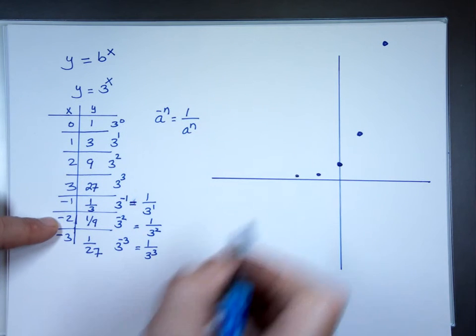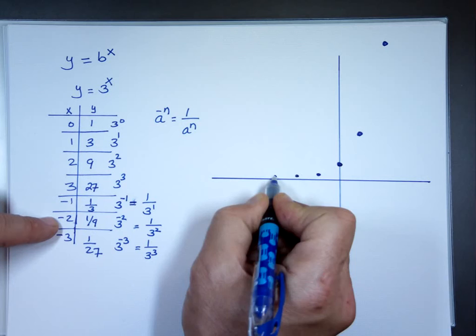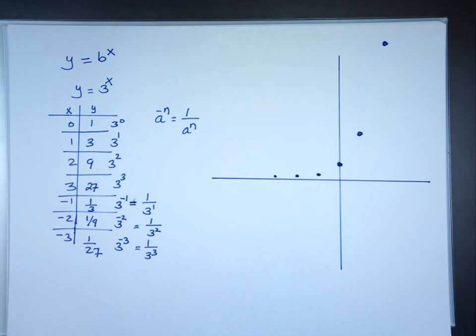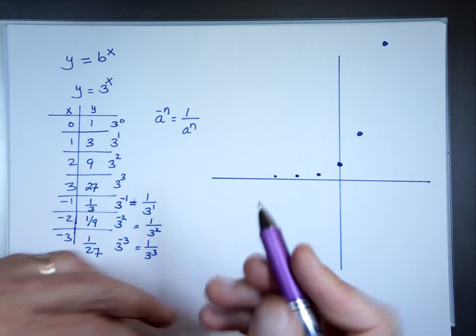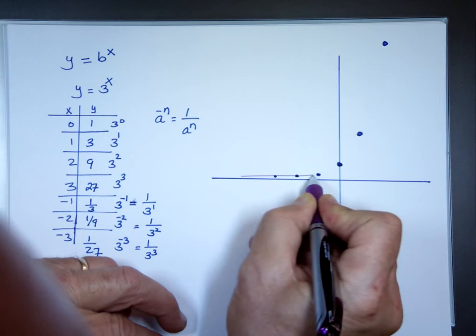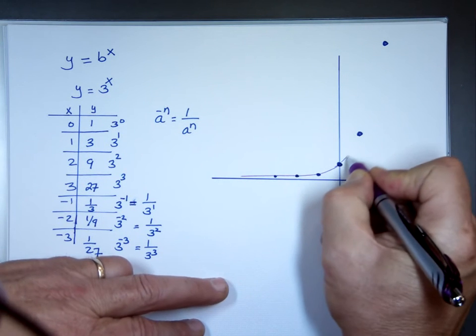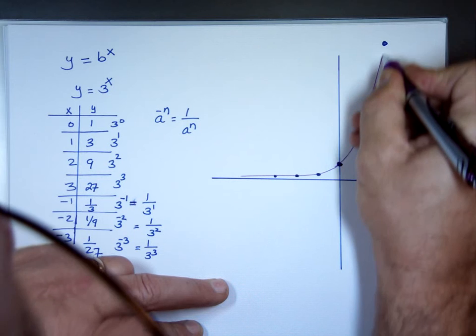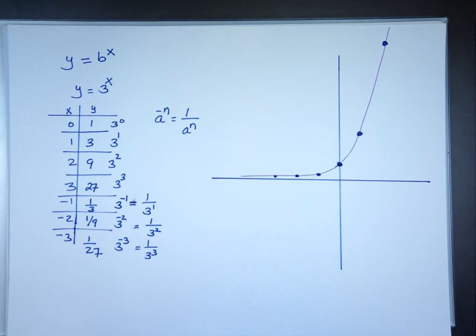Negative 3 and 1 over 27. And what do you notice about the graph? It approaches that line, never touches the x-axis. And it goes like this. And that's your 3 to the x.